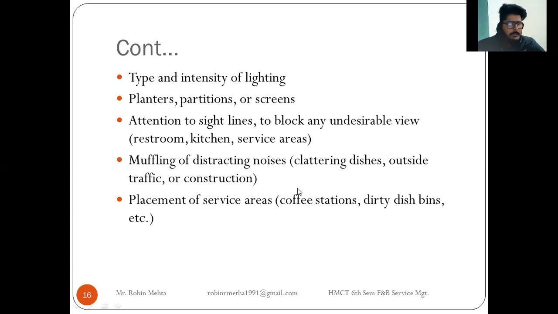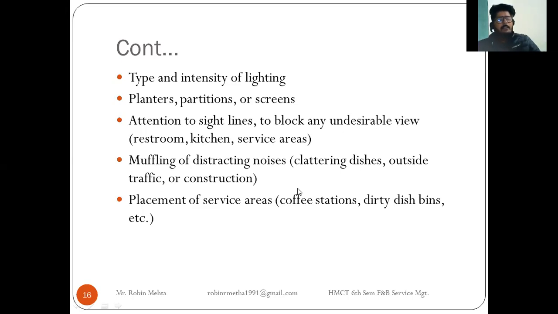Planters, partitions or screens: whatever artificial plants, partitions or screens we are using should be according to the restaurant decor. Pay attention to sight lines to block any undesirable view, such as the restroom, kitchen and service areas.